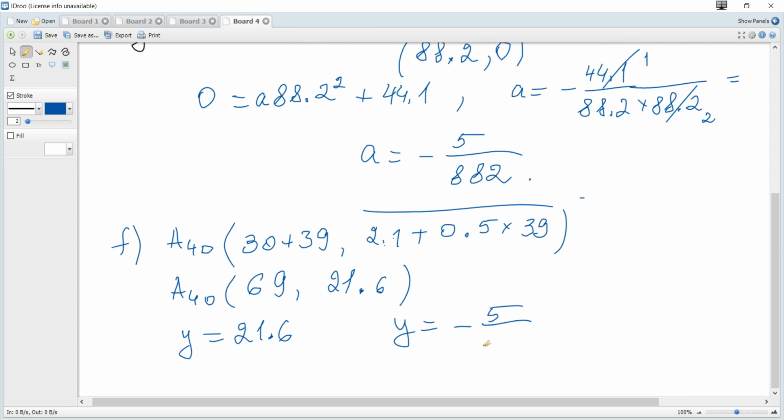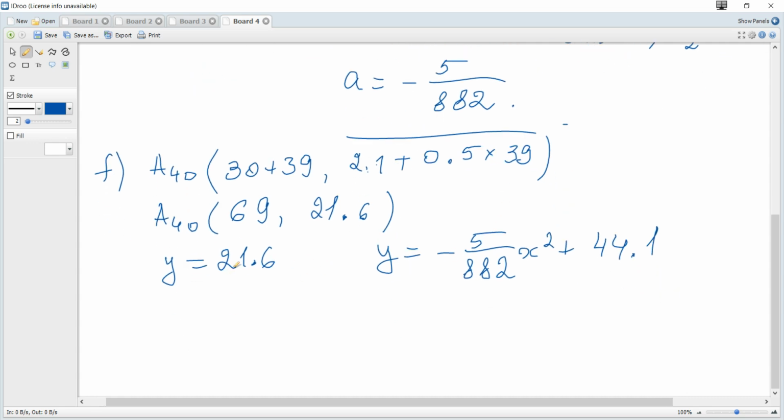Negative 5 over 882 x squared plus 44.1. So substituting 21.6 for y, we can find the required x coordinate to be on the curve, and we will just compare with 69.